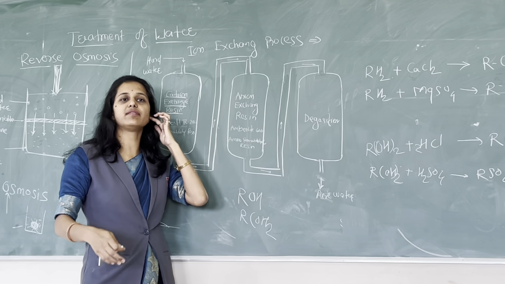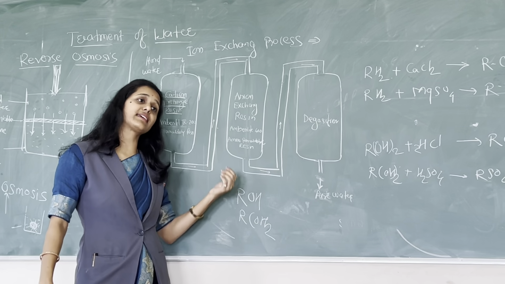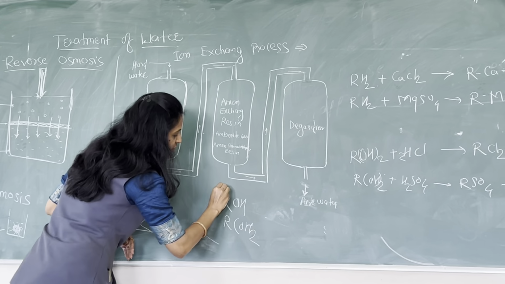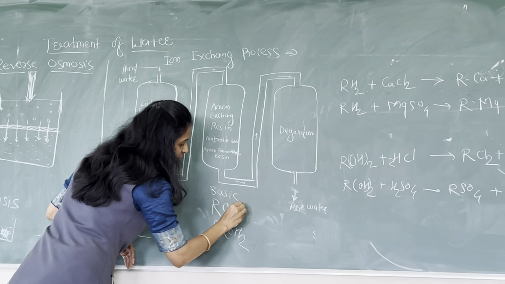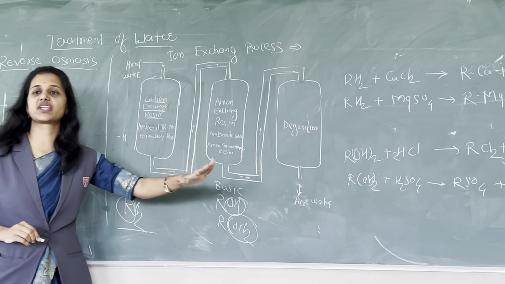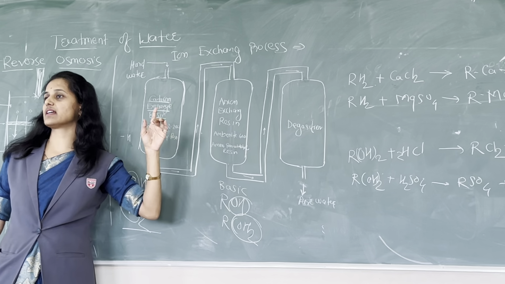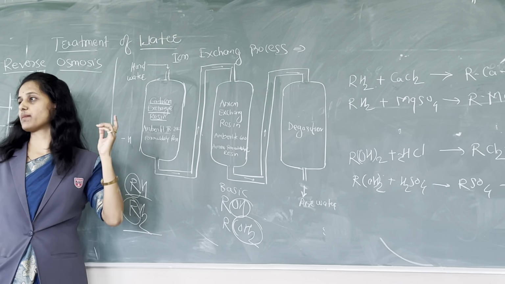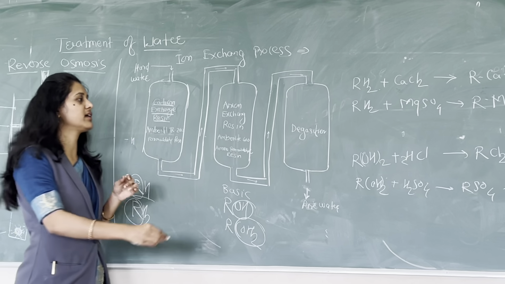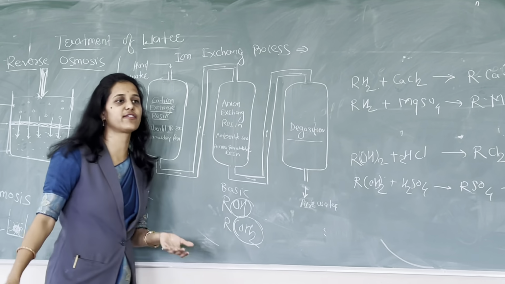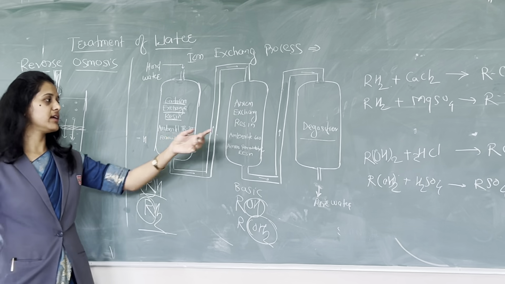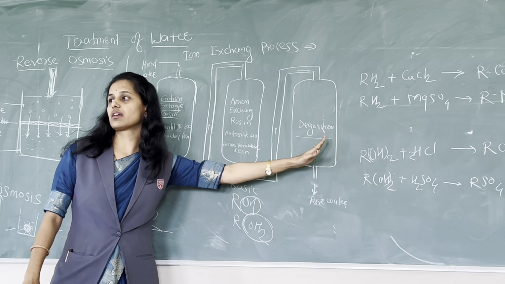These act as anion exchanger resins, and they contain a basic functional group, which is capable of exchanging the anion present in the water which causes the hardness. And the third tank is the degasifier. If water contains some dissolved gases, they are removed in this third stage.